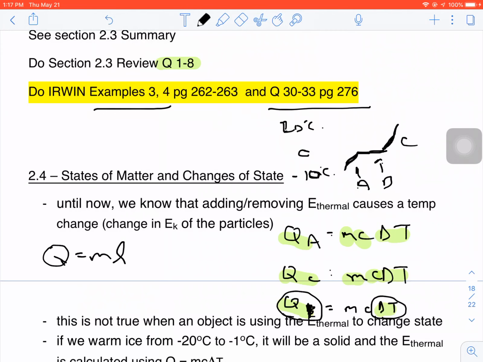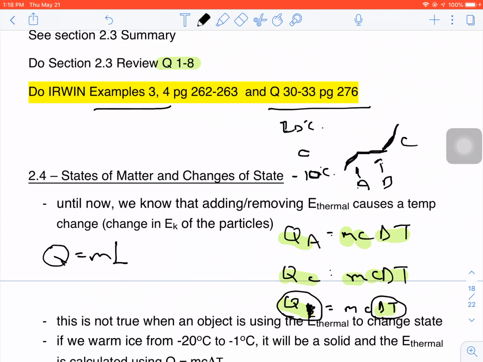The formula is Q is equal to mL. Now what is this telling me? We're using capital L in this book. L is a number called the specific latent heat. Latent means hidden.